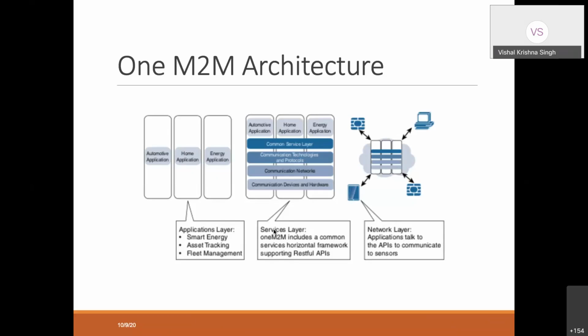As evident from the figure in this slide, there are three major domains of this architecture: the application layer, which is shown over here, the services layer, which is shown over here, and finally the network layer.